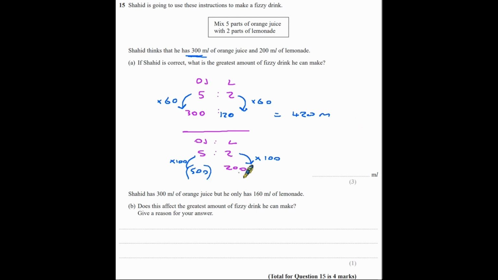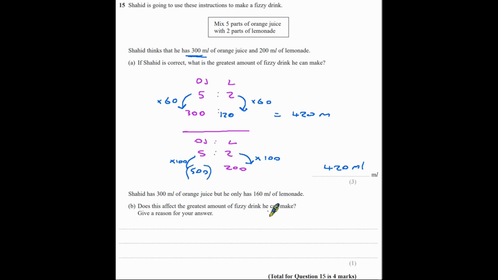Therefore, we cannot make this amount of drink. So using all the orange juice gives us the largest possible mix. Therefore, our answer is 420 millilitres.